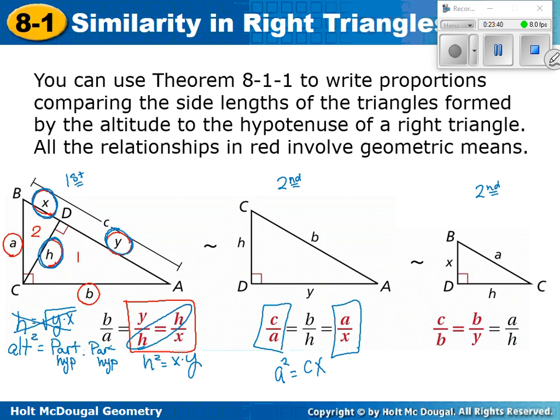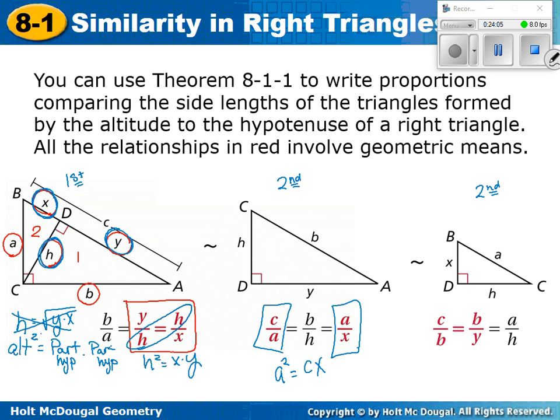So the first shortcut says you can take the altitude and square it, and it will equal part of the hypotenuse times part of the hypotenuse, and you can skip this whole writing a similarity statement and comparing your sides. This one says A. What was A over here in the big triangle? It's not the altitude. It's not the hypotenuse. What is it? A leg.